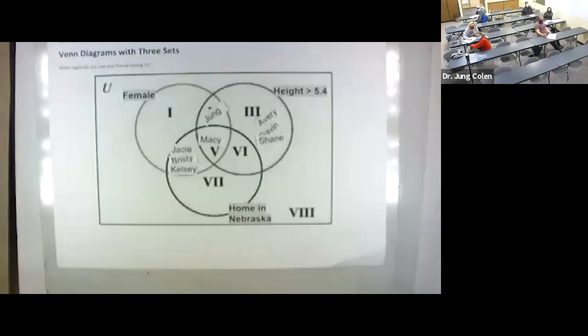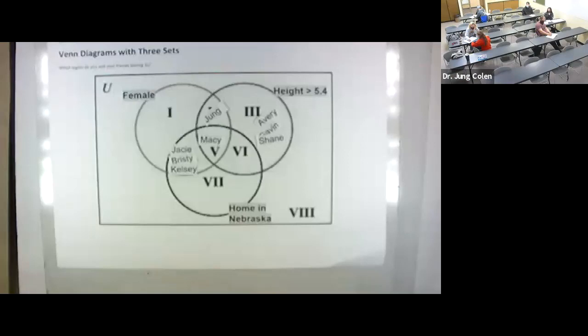So we're going to do 1, 2, 4, 5, and 6. Who are they? John, Macy, JC, Kristen, and Kelsey. Right? You need to list all of the names there. Any question for that?